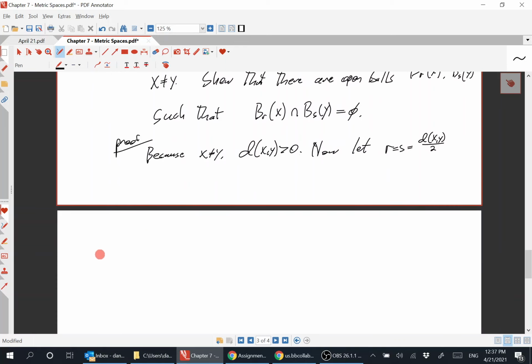All right, so let us now show that. So here's the intuitive picture. Here's x, and here's y, and here's the distance from x to y. So the distance from x to y is a straight line, right?